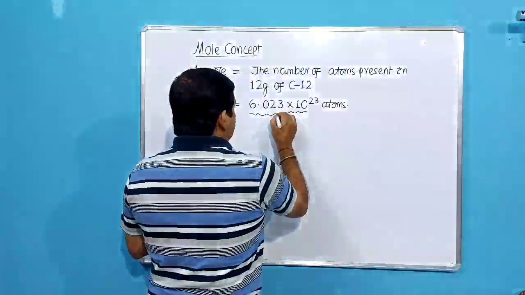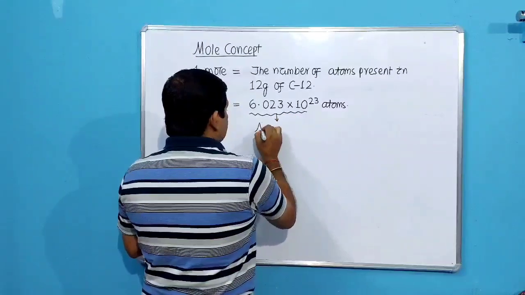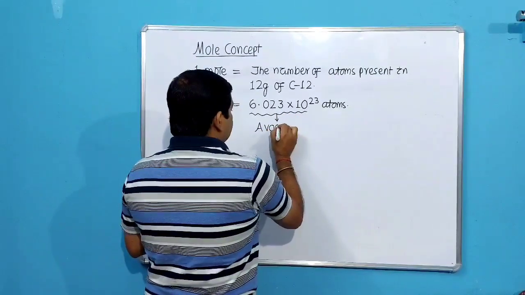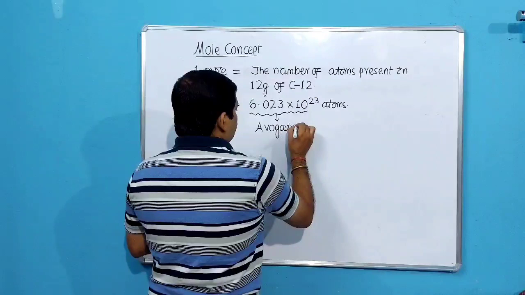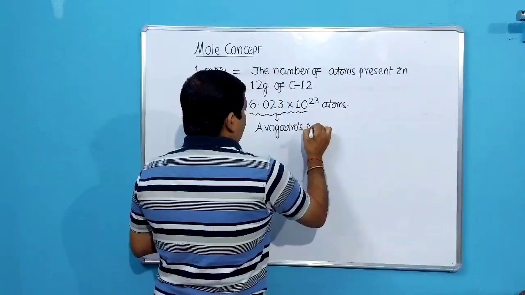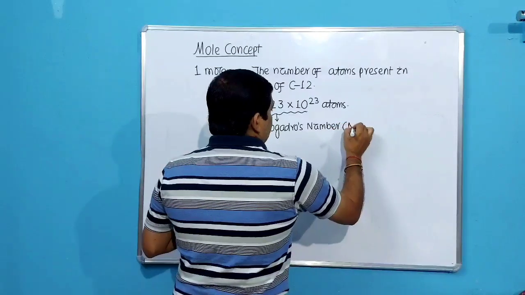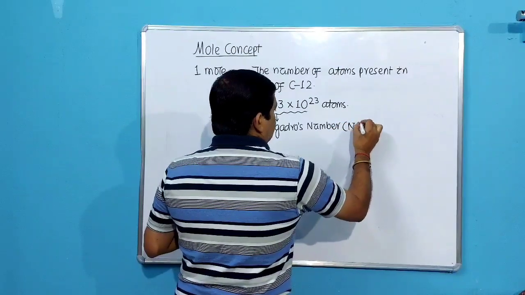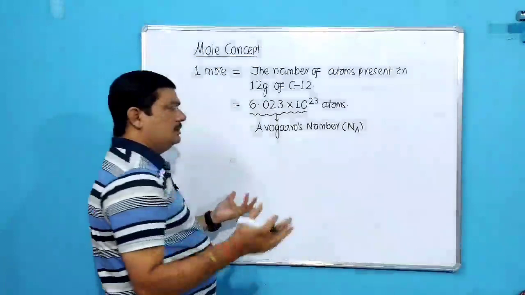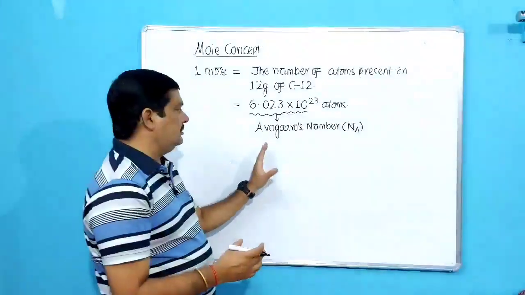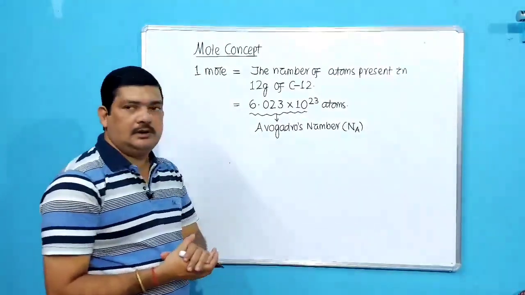This is called Avogadro's number or Avogadro's constant, N A, in some books written as N0. So they will vary, but you remember it is Avogadro's number.